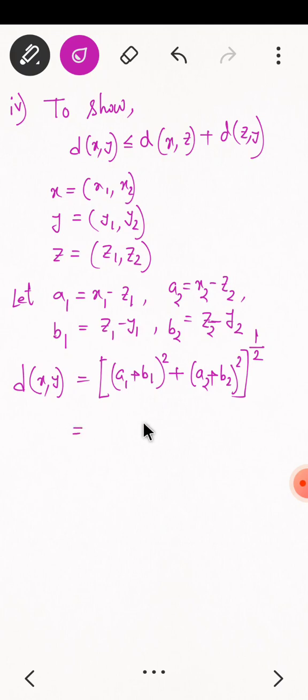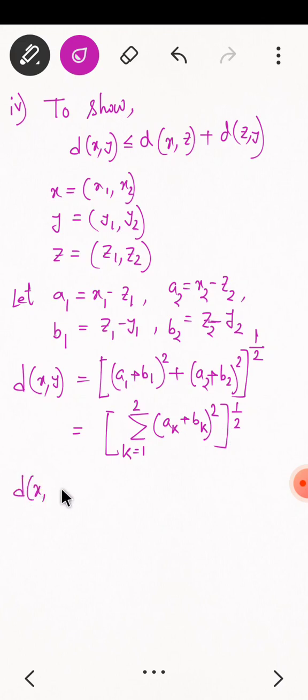So we write this way: the square root of the summation of (ak plus bk) square, where k varies from 1 to 2. And d of xz equal to (a1 square plus a2 square) to the power 1 by 2, that is equal to the square root of the summation over ak square, k equal to 1 to 2.